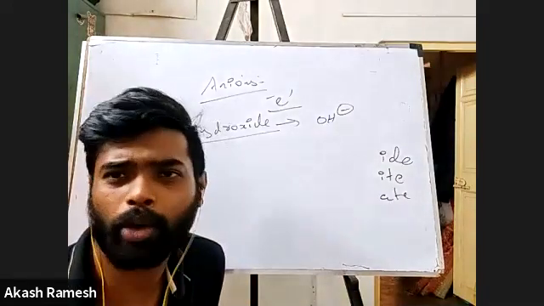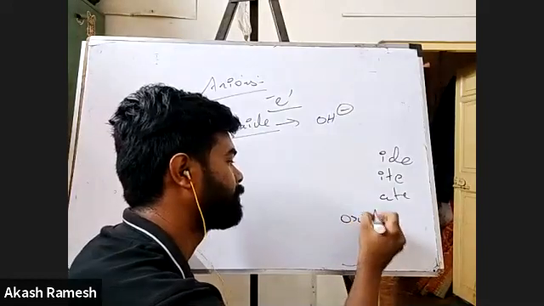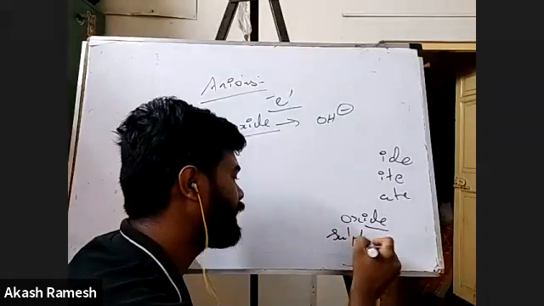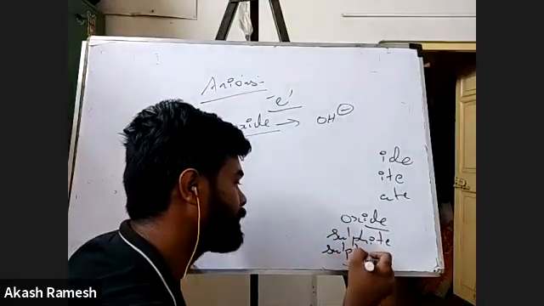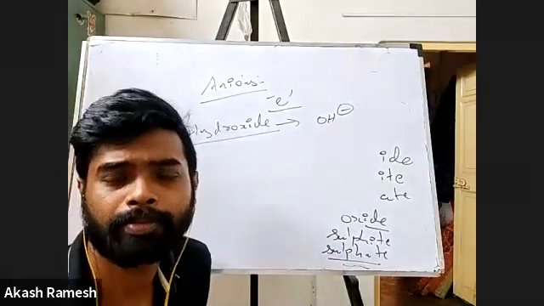I think you can correlate. For example, you write oxide, IDE. You can write sulphite, ITE, or you can even write sulphate, ATE. All these are anions.